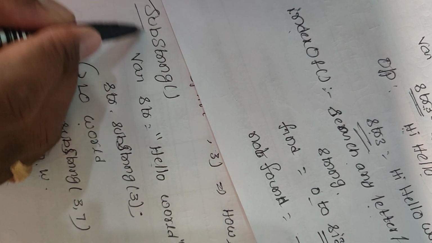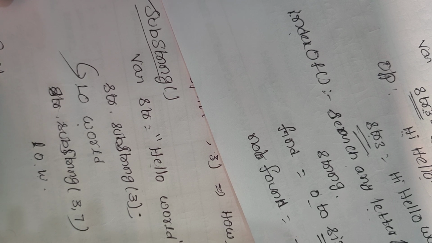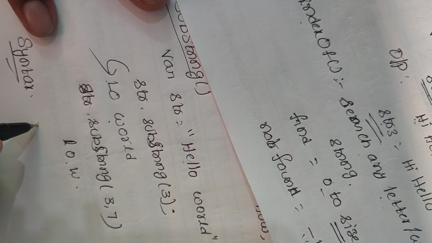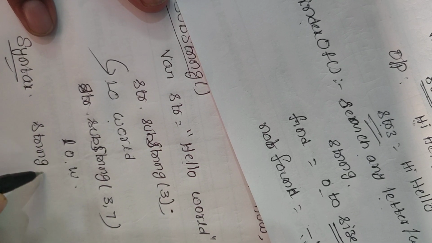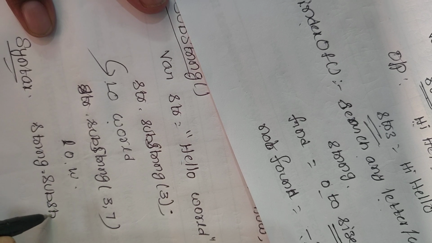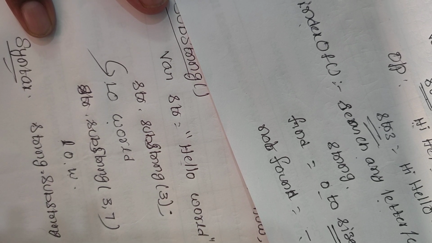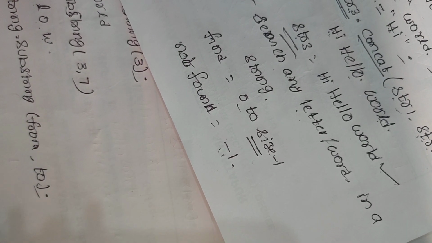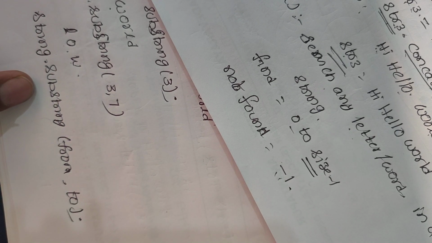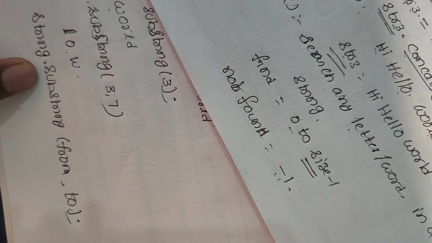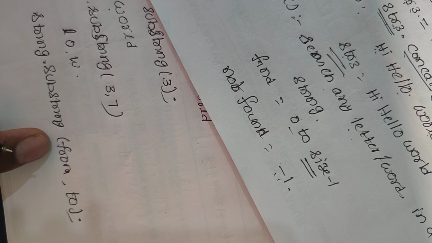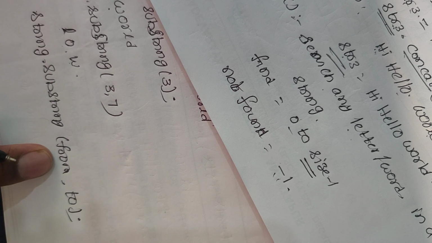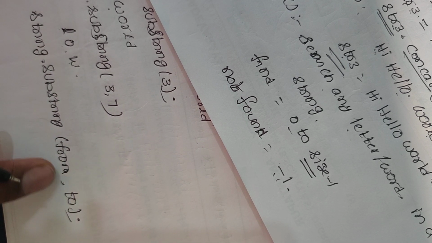Based on this, now I will tell the syntax. After these two examples, we can get some idea. The syntax is string.substring(from, to). Once again, the substring method extracts the characters from a string between two specified indices, from and to, and returns the new substring.